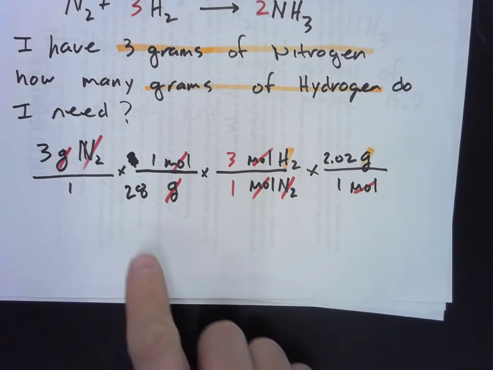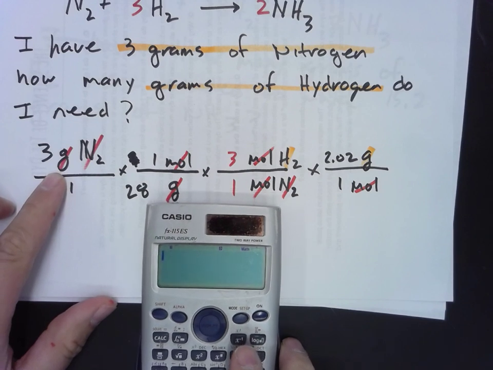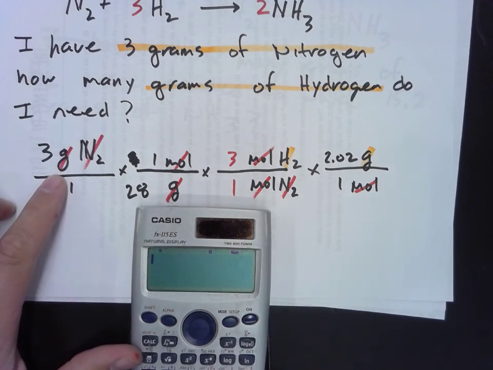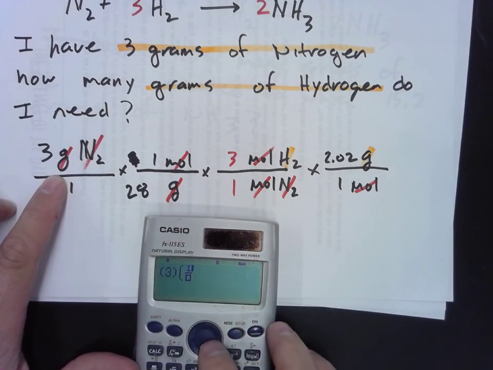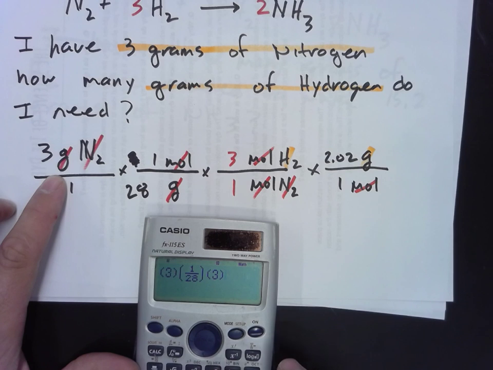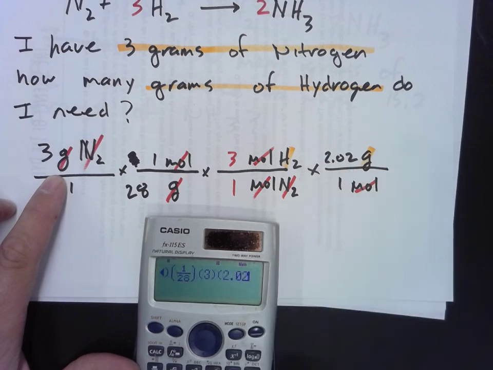So now I can do my math. 3 times 1 over 28 times 3 over 1, which is just 3, times 2.02 over 1, which is just 2.02.